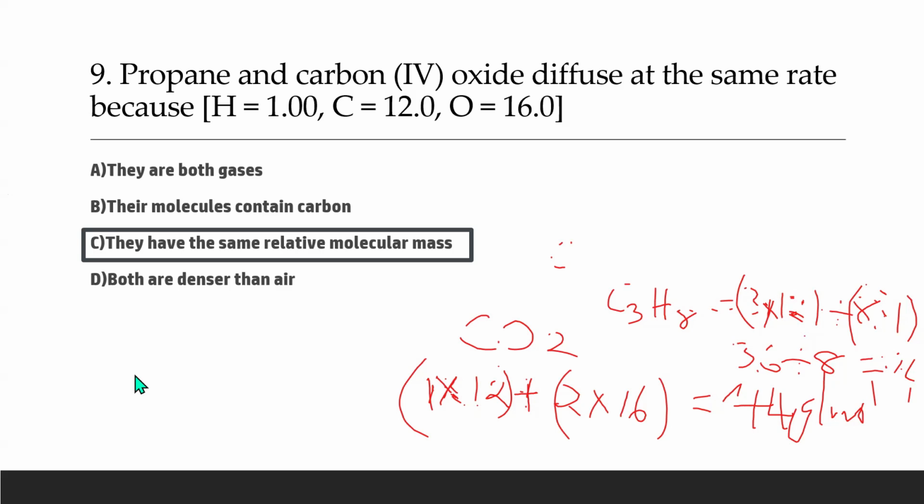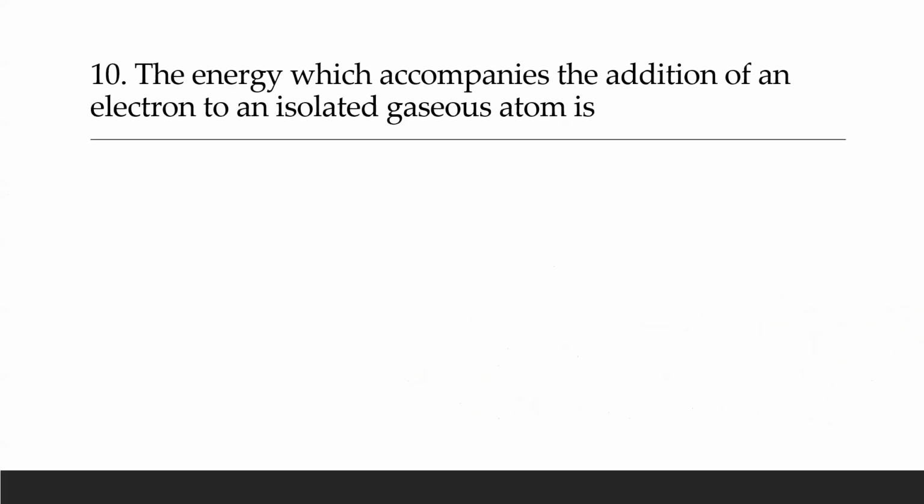Now, the energy which accompanies the addition of an electron to an isolated gaseous atom is A, atomization, B, electronegativity, C, electron affinity, D, ionization energy. From the word electron affinity, it means electron lovers. They like electrons; they always want to add electrons.